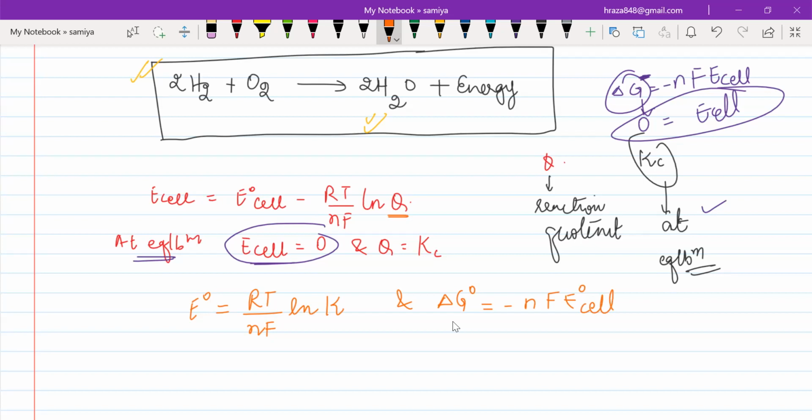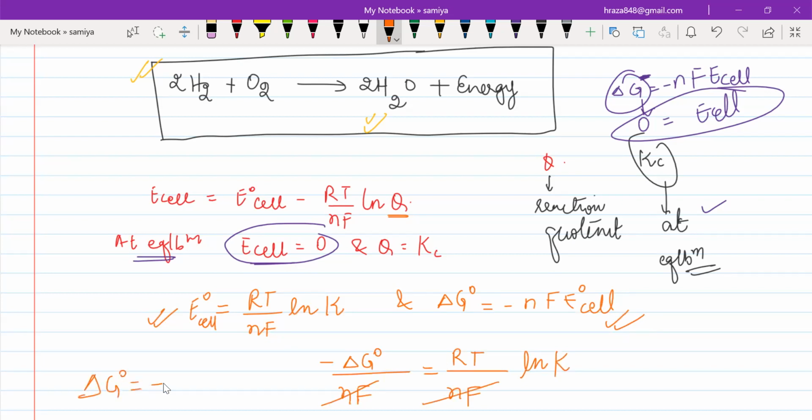I'm going to put the value; this is E naught, this is also E naught cell. So minus delta G naught upon nF is equal to RT upon nF ln K. So this nF will be cancelled, and delta G naught will be equal to minus RT ln K. So this is the derivation we get.